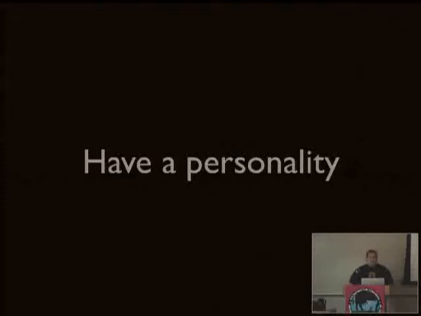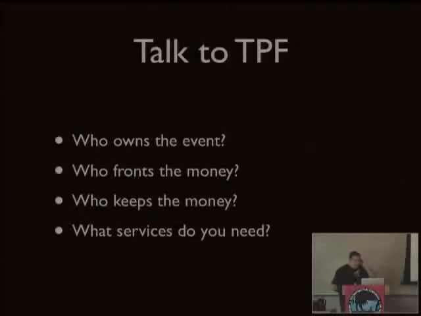Okay, so you've got a group of people together. You have talked about your vision, and you all have a good idea of what you want to do. The next step, an optional step, really, is to talk to the Perl Foundation.